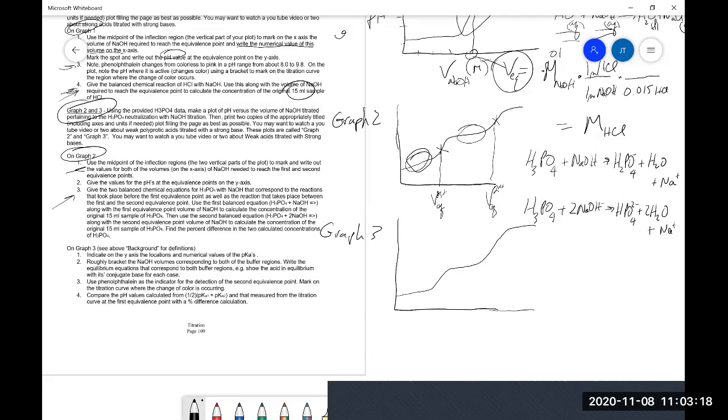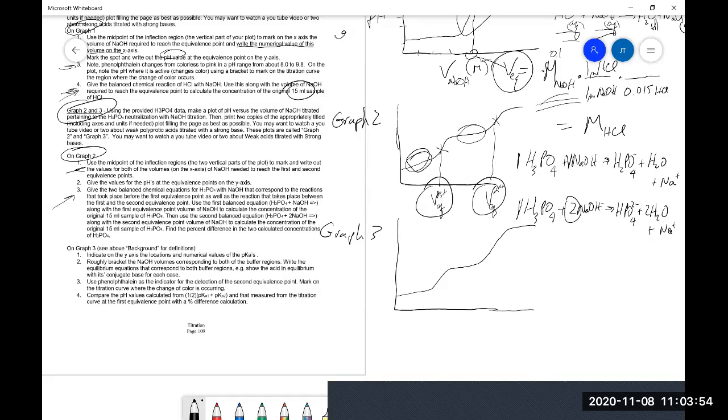Now, how can I calculate the concentration of the phosphoric acid using both of these values, the volume for the first equivalence point and the volume of the second? Well, I'm going to have to use these stoichiometric ratios just like I did up here for HCl. It was a 1-to-1 for HCl. For the first equivalence point, it's going to be 1-to-1 as well. But for the second equivalence point, it's a 1-to-2 ratio. But it's essentially the same.